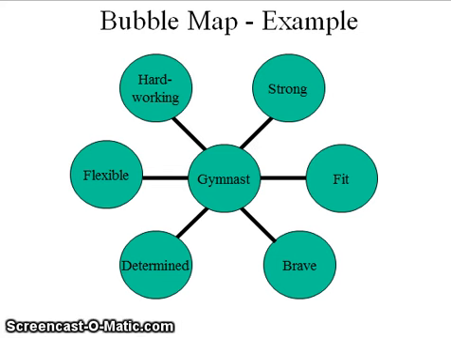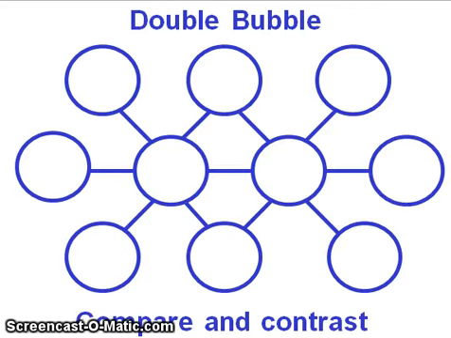So here it's an example of a gymnast, and we can see 5 descriptive qualities that a gymnast would have. Now that is often used as a starting point of thinking maps because it dovetails and it feeds nicely into the double bubble map, where students compare and contrast two factors or entities.